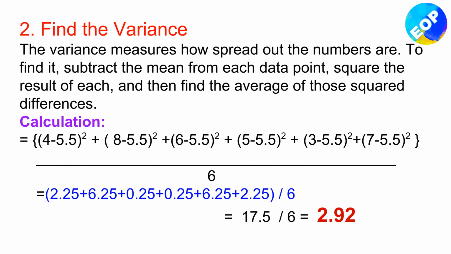Calculation: equals 4 minus 5.5 squared plus 8 minus 5.5 squared plus 6 minus 5.5 squared plus 5 minus 5.5 squared plus 3 minus 5.5 squared plus 7 minus 5.5 squared divided by 6 equals 2.25 plus 6.25 plus 0.25 plus 0.25 plus 6.25 plus 2.25 divided by 6 equals 17.5 divided by 6 equals 2.92.